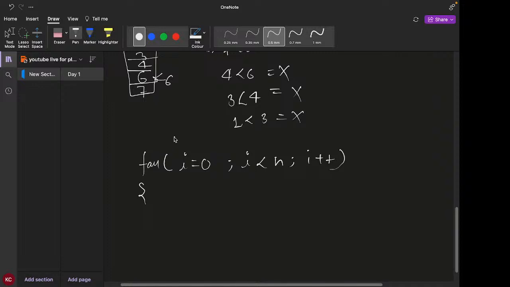Let's suppose we will take a stack of data type int, st. Let me write it more clearly so that you can understand what I am trying to do.